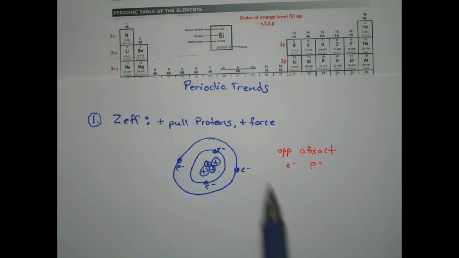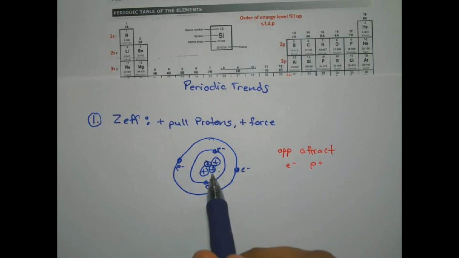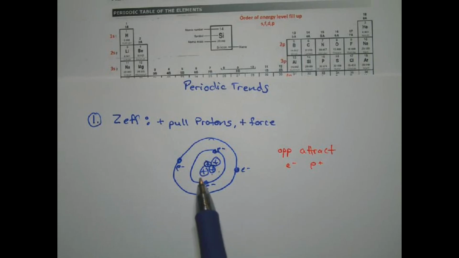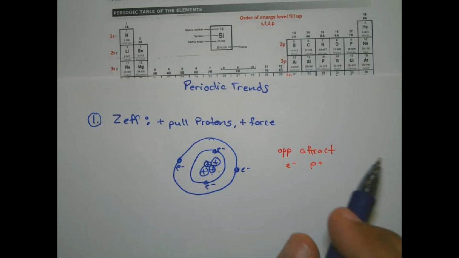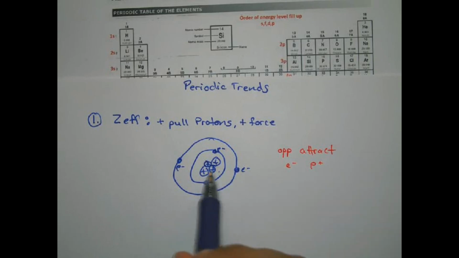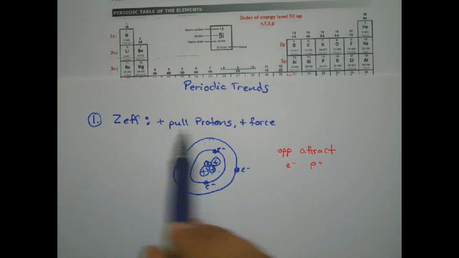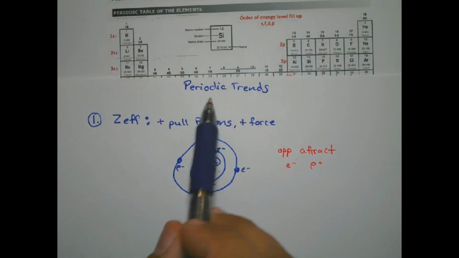So, if I added more protons, that attractive force would become greater, it becomes stronger. There are these positive protons holding on to these electrons, and it's because of that Zeff pull from the protons. So the Zeff has a lot to do with periodic trends.